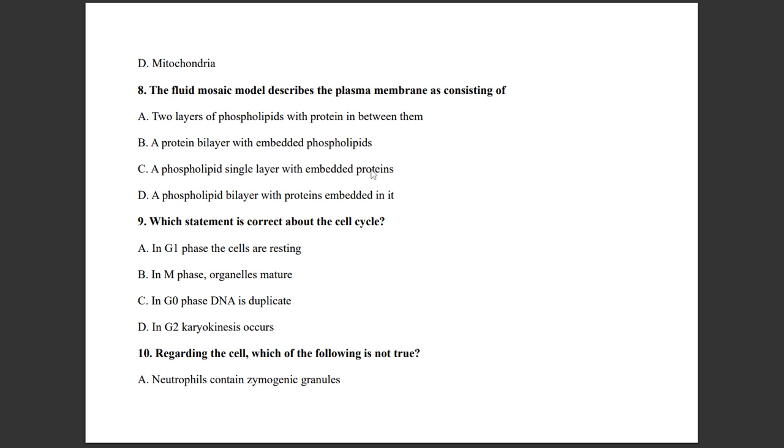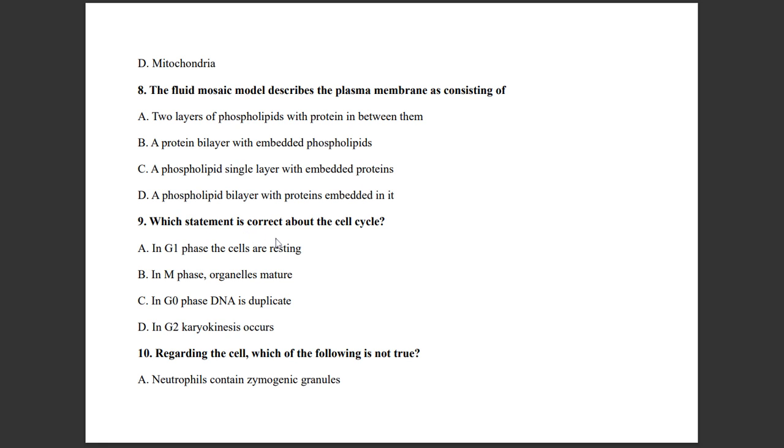So option A, two layers of phospholipid with protein in between them, a protein bilayer with embedded phospholipid, a phospholipid single layer with embedded protein, a phospholipid bilayer with proteins embedded in it. So the best answer here is D. You have got a phospholipid bilayer that has got proteins embedded in it which are able to move.